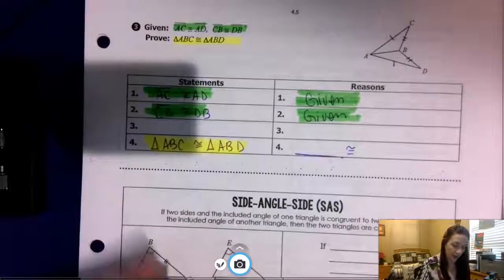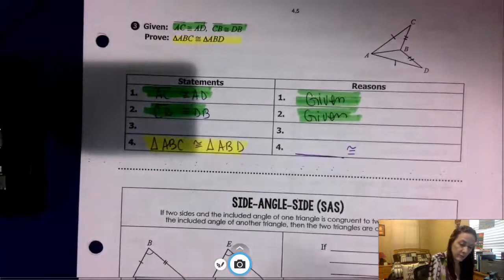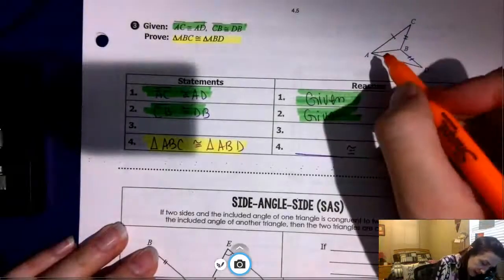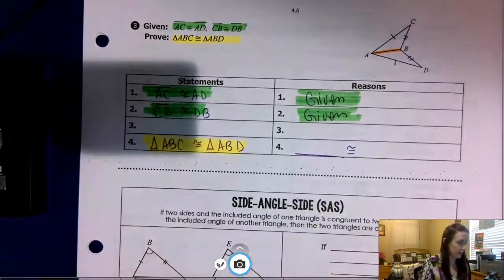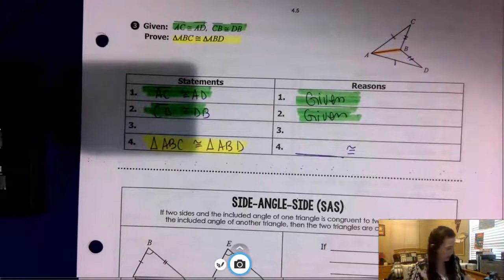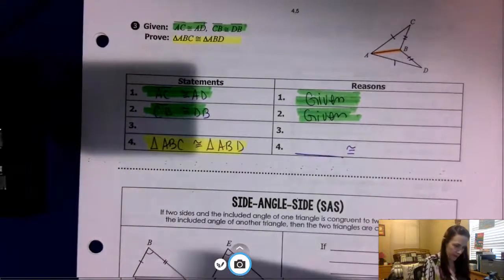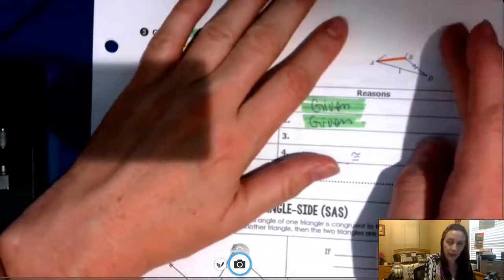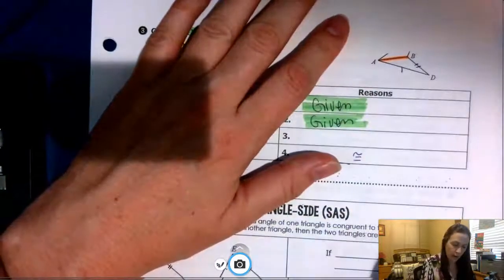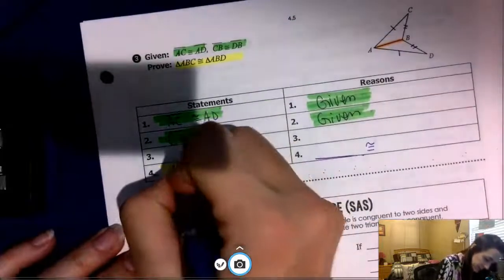Now, do I know any other thing here has to be the same? Well, hopefully we see on these two triangles that this side right here is part of both of those triangles. I like my note cards everywhere. Here's one. This triangle up here, AB is part of it, and this triangle down here, AB is part of it. So, I know that AB is congruent to itself.